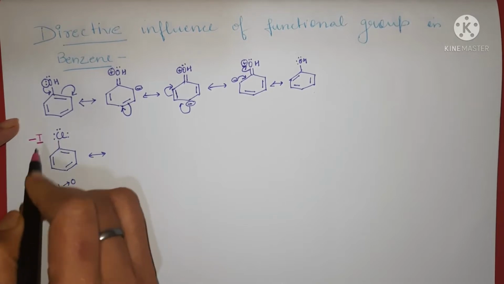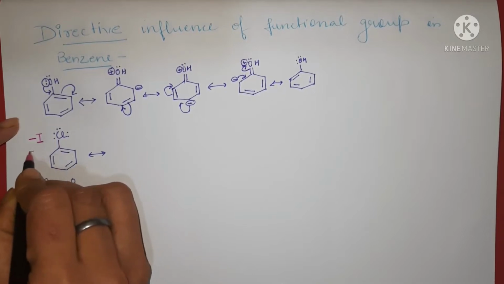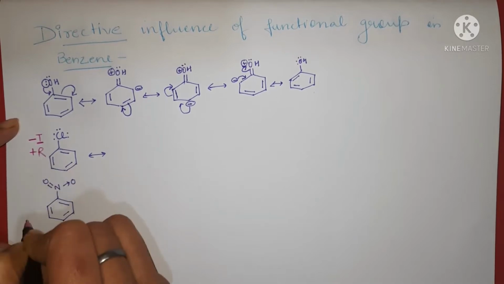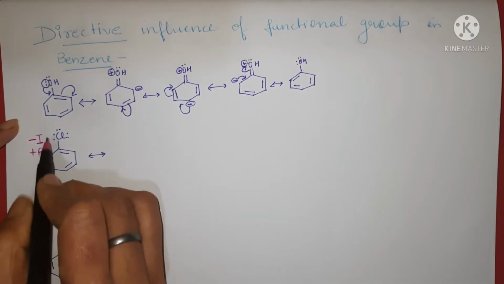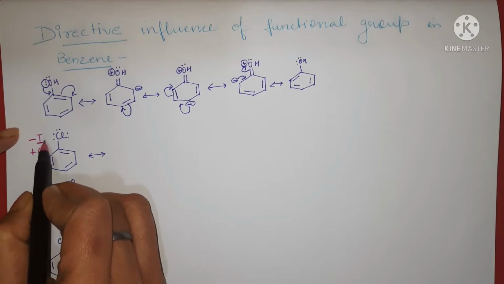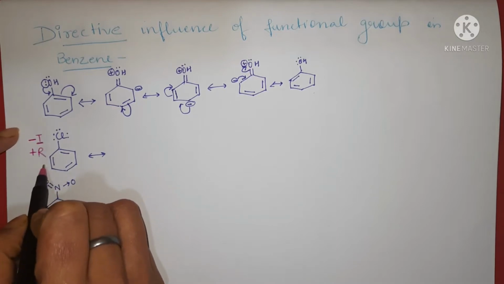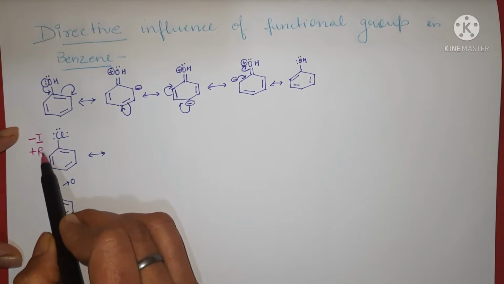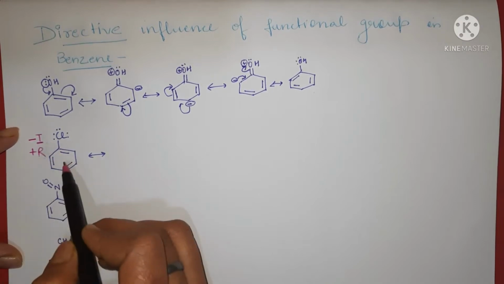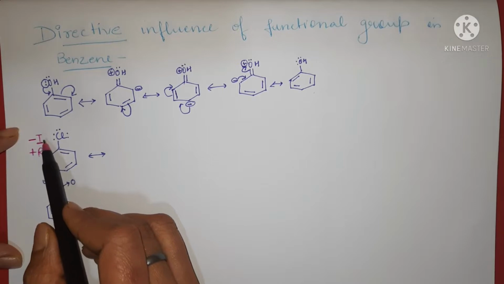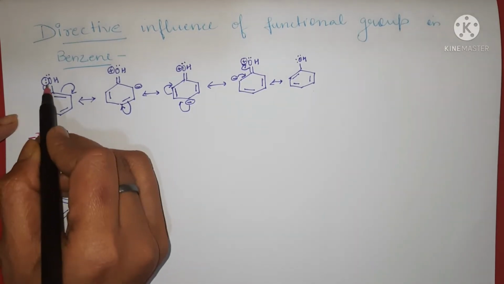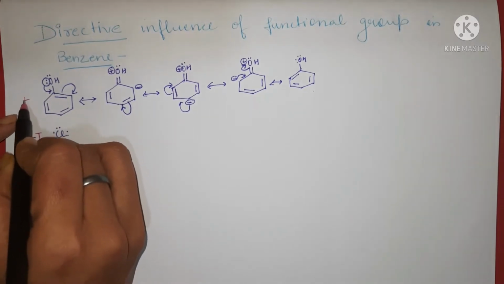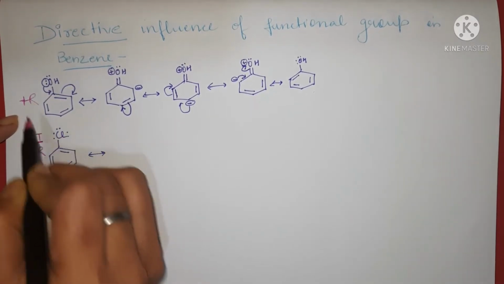But yes, the lone pair of chlorine shows a plus R effect also. If we compare the inductive and resonance effects, resonance always dominates the inductive effect. Here, due to this lone pair, this OH group is showing a plus R effect too.